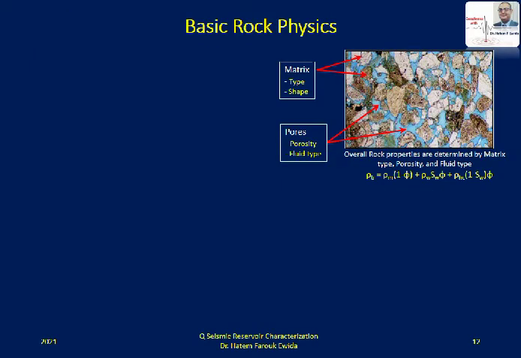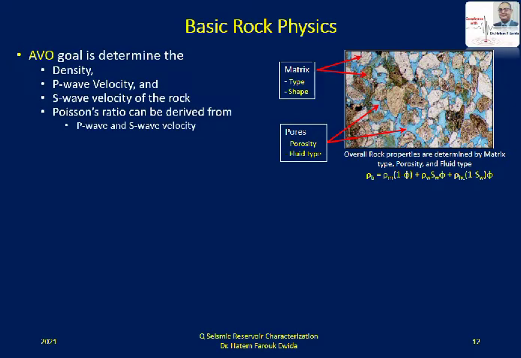So why is AVO working for reservoir characterization? This just reminds you of the reservoir section. The AVO goal: applying AVO, which is amplitude variation with offset, or AVA, amplitude variation with angle. The goal of this method is to determine the density of the reservoir, the P wave velocity, the S wave velocity, and the Poisson ratio.